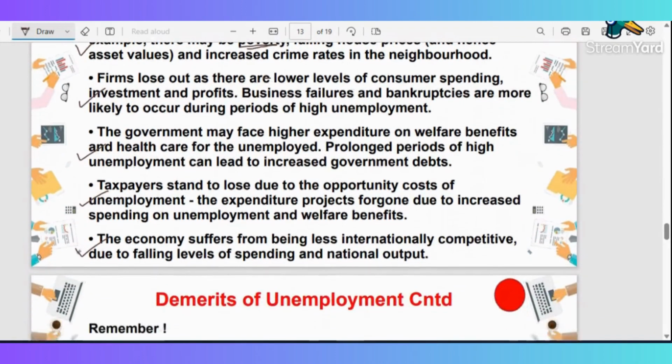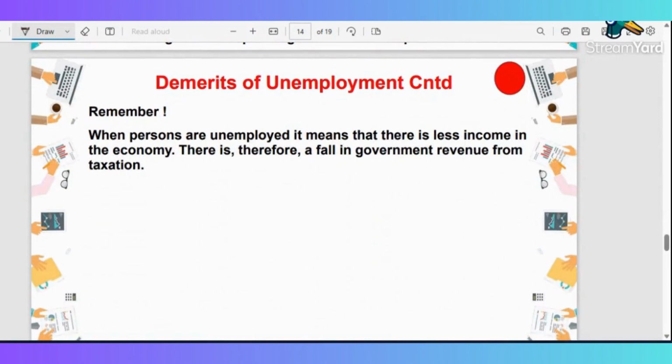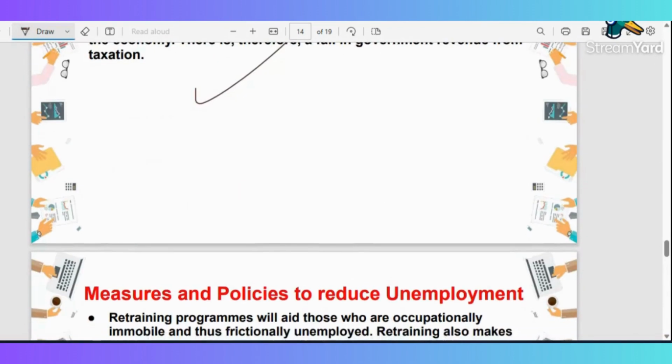It affects consumer spending, how consumers spend and how the money goes around in the economy. Now, this is a very important note to remember. When persons are unemployed, it means that there is less income in the economy, as I said before. There is therefore a fall in government revenue from taxation. So I had explained all of this perfectly before.